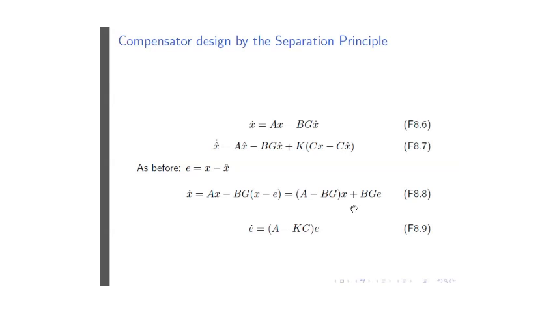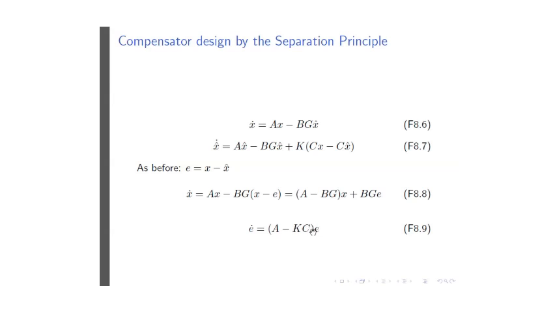So in doing so, I've changed my two differential equations, that of the plant in the closed loop system and the observer, into once again a plant equation, but one that doesn't contain the observer states. It contains instead the error state and just an error equation.